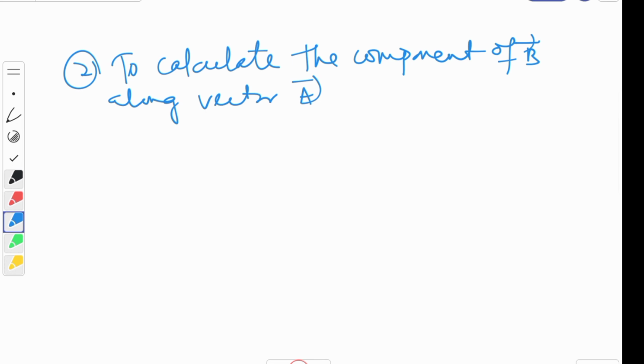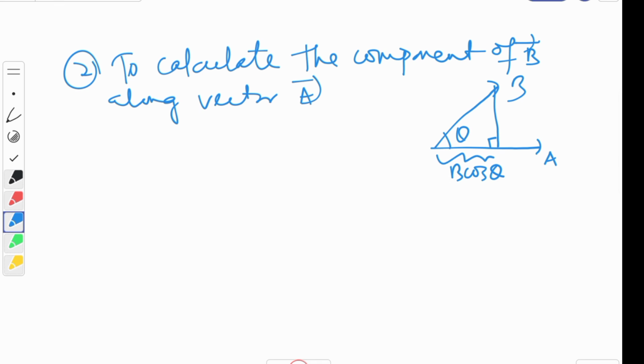So what is the component? You know this is your vector A and this is your vector B, and we have drawn the perpendicular and this is angle theta. So this is the component. B cos theta is the component of vector B along vector A.